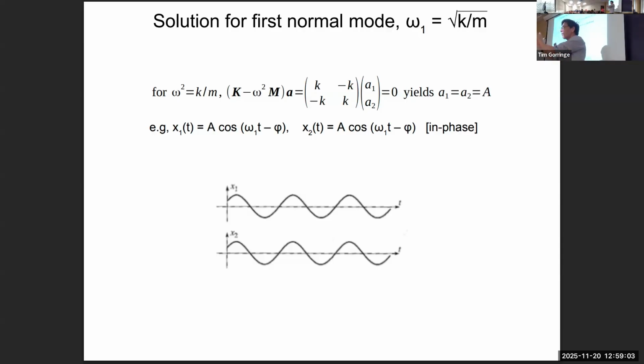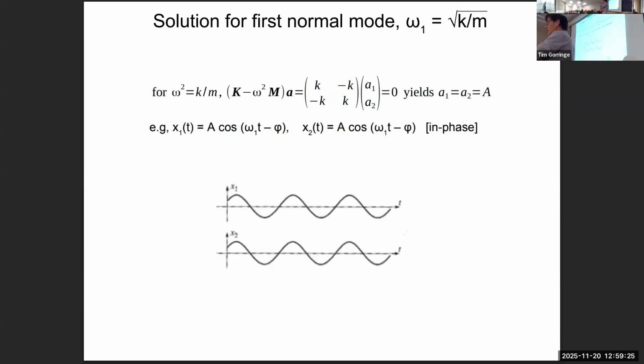A very compact symmetric matrix involving the spring constant, with the spring constant size on every element, the diagonals positive and the off diagonals negative. You can immediately see from that what values of A1 and A2 are allowed.